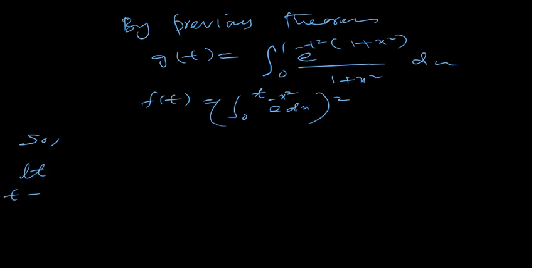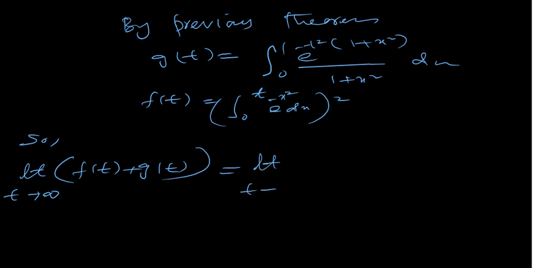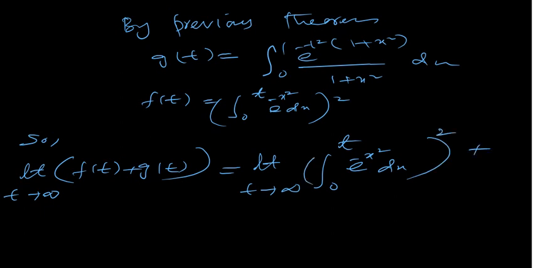Limit t approach to infinity f of t plus g of t is equal to limit of this plus limit of this. But for f of t, you cannot pass the limit, it's just limit t approach to infinity integral 0 to t e power minus x square dx, whole square, plus limit t approach to infinity.